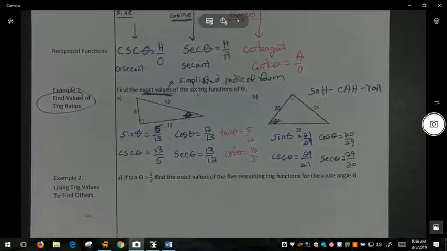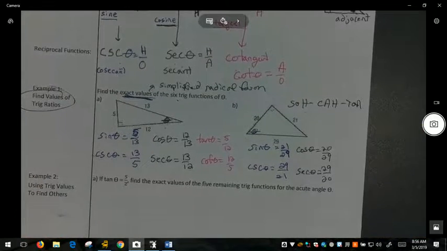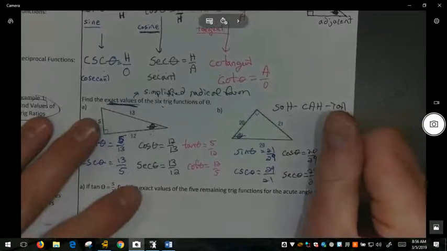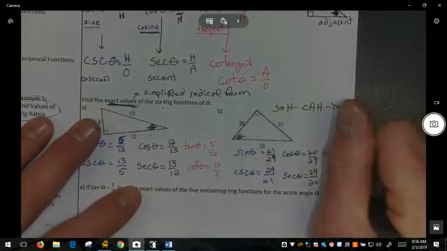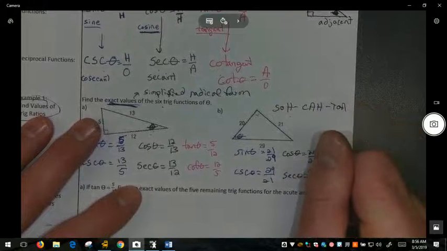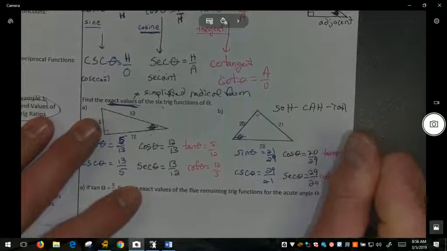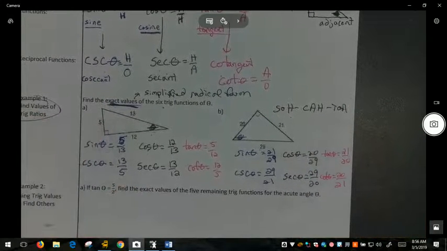Again, if these fractions were able to reduce, I would reduce them. And lastly, for this problem, the tangent of theta, which is opposite over adjacent, is 21/20, which means the cotangent value is 20/21.